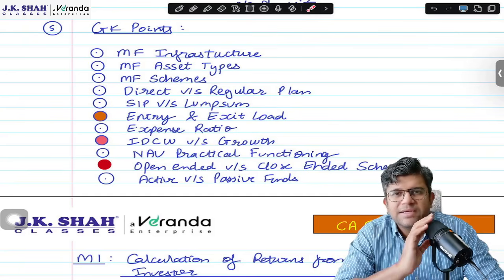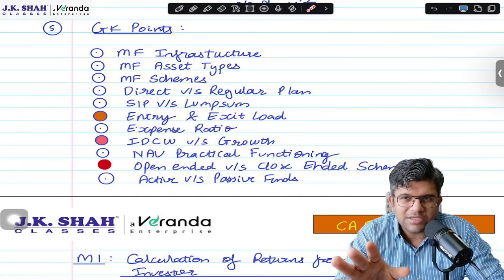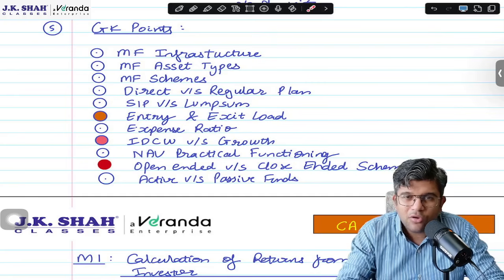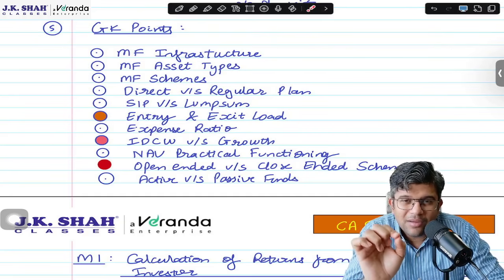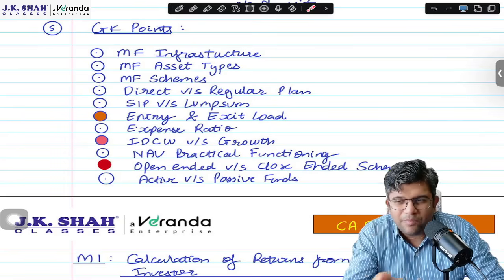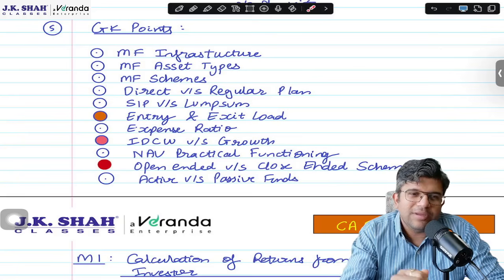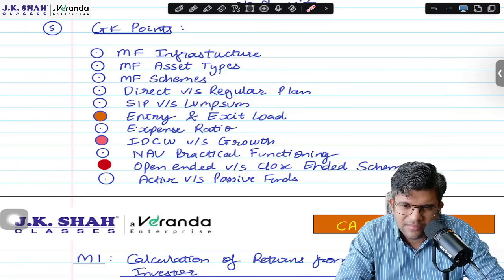They purchase, but when they are selling their units, if they happen to fall within that period, the website will tell you, listen, because you are selling in this period, you are entitled to an exit load. If you don't want to pay exit load, wait for these many months more and then sell. Like that also they do. I hope everyone understood the transparency, what SEBI wants, and what exit load is. Everything clear?